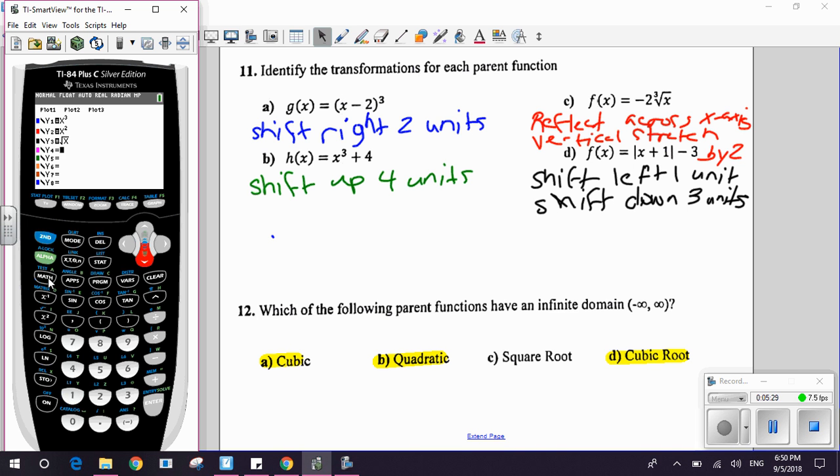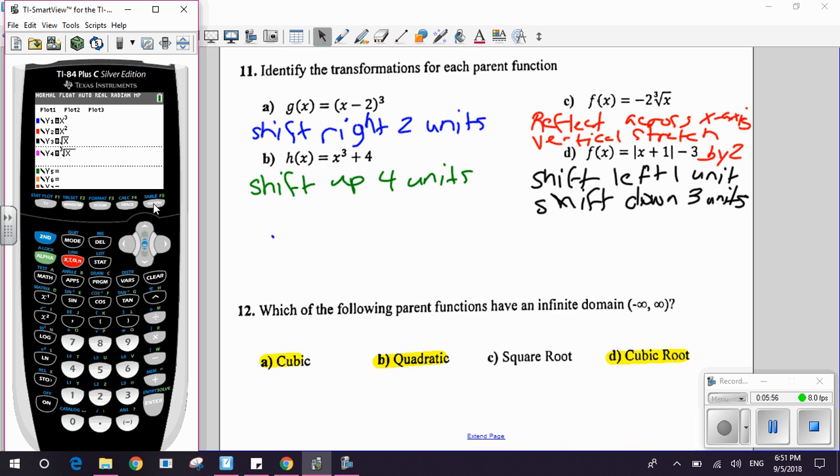So to get there, you go to math, and number 4 is the cube root. It automatically puts the 3 for you, so don't do that yourself. And then hit X. Now, so A is going to be blue, B is going to be red, C is going to be black, and D is going to be pink.